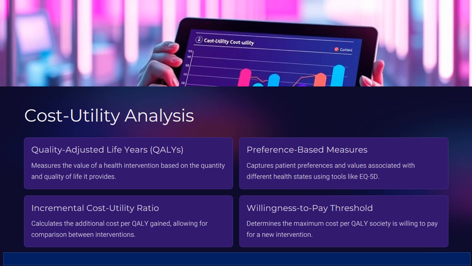Another important aspect of cost utility analysis is the incremental cost utility ratio, where it calculates the additional cost per QALY, that is quality adjusted life year gained, allowing for comparison between different interventions. Next we have the willingness to pay threshold. It determines the maximum cost per quality adjusted life year society is willing to pay for a new intervention. This is cost utility analysis.